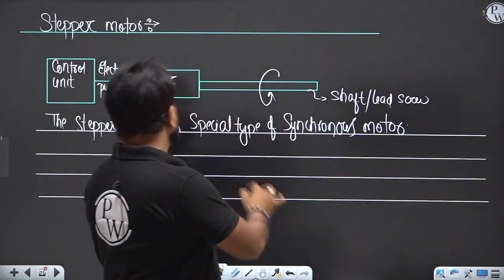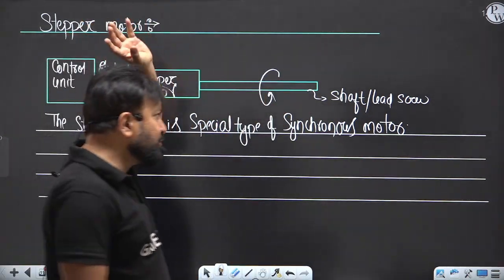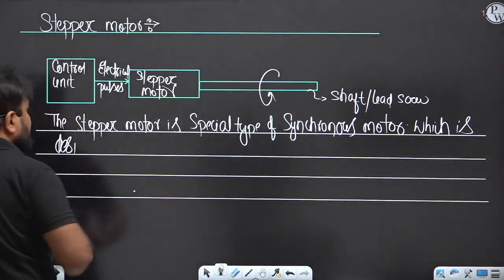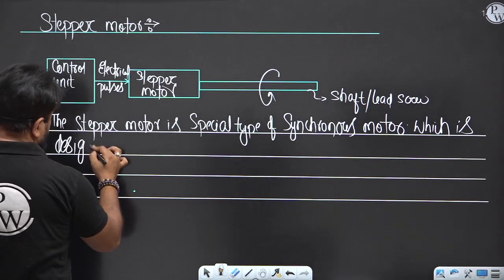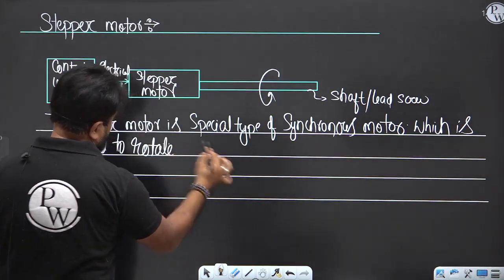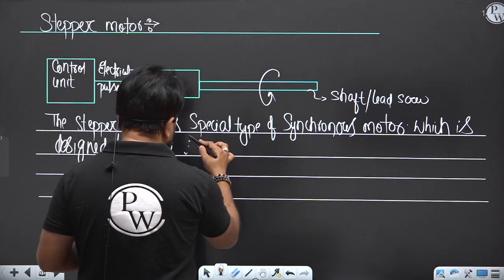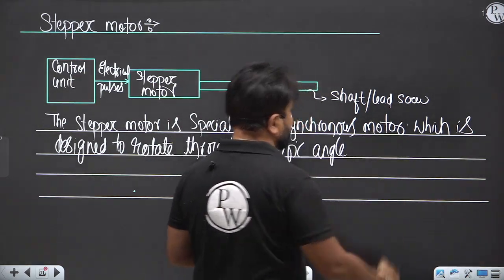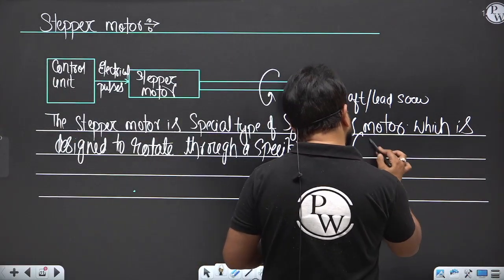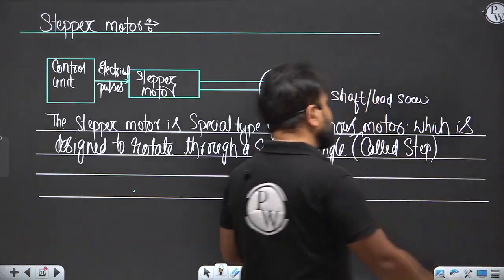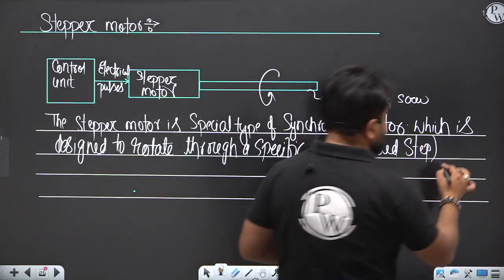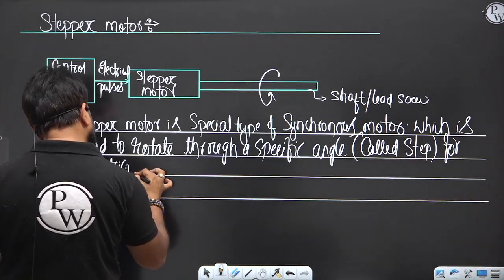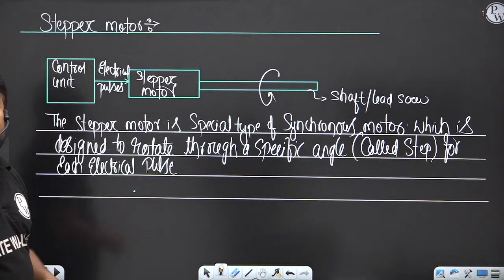We are talking about this synchronized motor, which is designed to rotate through a specific angle, called a step, for each electrical pulse received from the control unit.